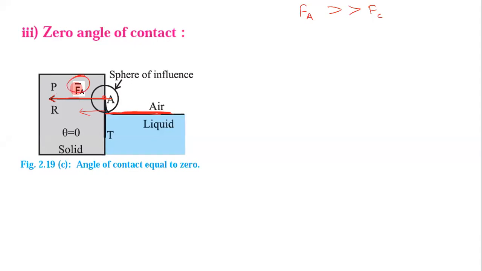Adhesive and resultant have the same direction. So this surface is a plane surface, and if the surface is a plane surface, obviously we get zero angle of contact. We are not getting any curved surface here. And if you try to draw a tangent, this tangent is coming along the solid. So here zero angle of contact.